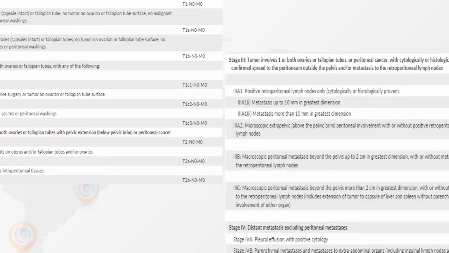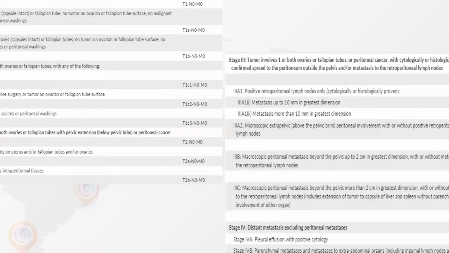Now coming to stage 4. So always remember, any distant metastasis is stage 4. So this generalized view, if you know regarding the staging, the same thing applies for all the gynae cancer staging. Okay. So stage 4A is pleural effusion with a positive cytology, and 4B is any parenchymal metastasis or metastasis to extra-abdominal organs like inguinal lymph nodes or your mediastinal lymph nodes or anything outside the abdominal cavity, that is stage 4B.